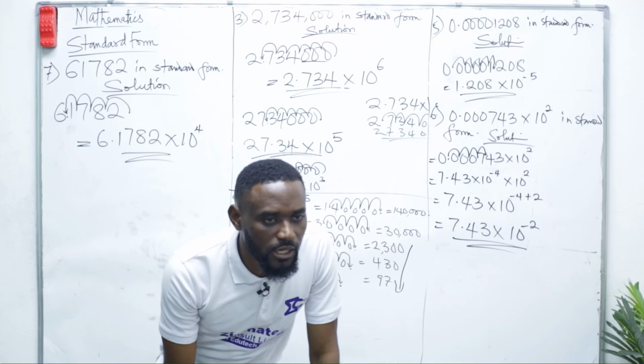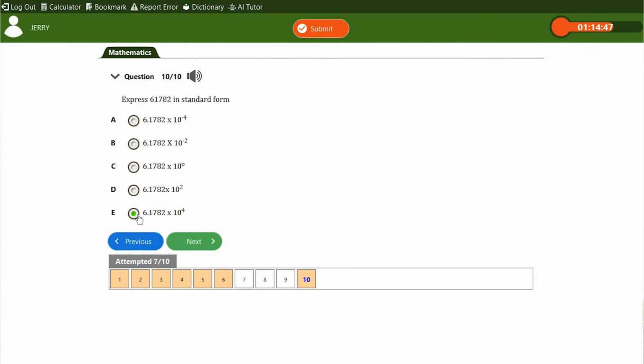Yes, option E is the correct option: 6.1782 times 10 raised to power 4. So with this, you can solve questions that have to do with standard form.